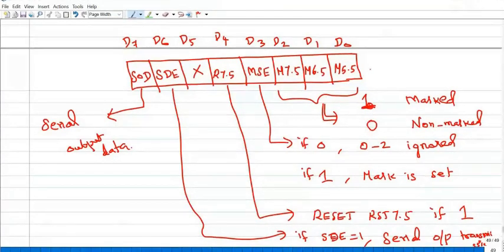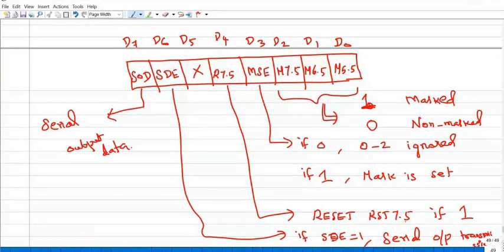Then it will check D0, D1, D2: if MSE is 0, none of the interrupts is masked. If it is 1, some interrupt may be masked, and by reading D0, D1, D2 individually, the processor understands which corresponding RST interrupt is masked.